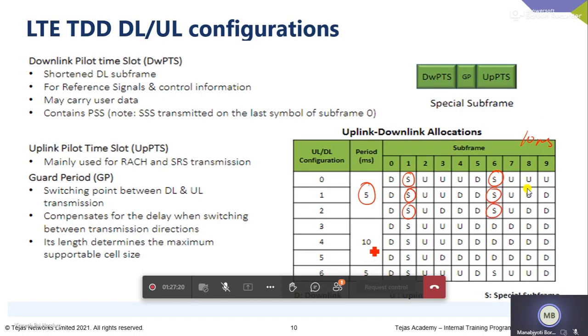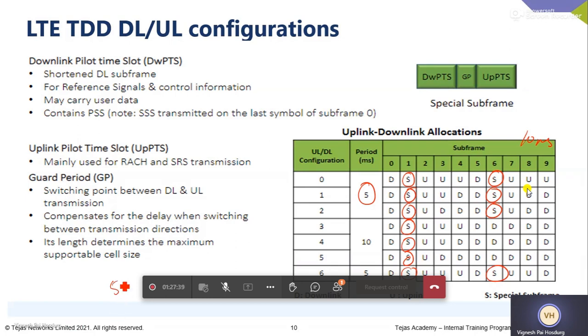But if you have a 10 millisecond periodicity, meaning repetition, you will have only 1 special subframe. There is no other special subframe available. The last one, again, you can see 2 special subframes are there.